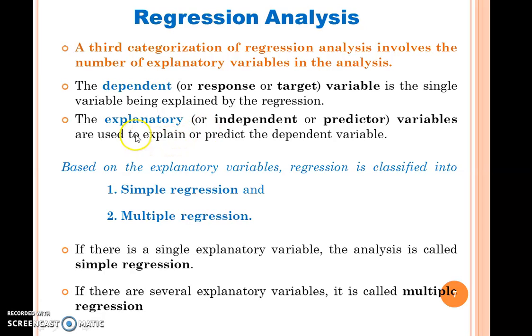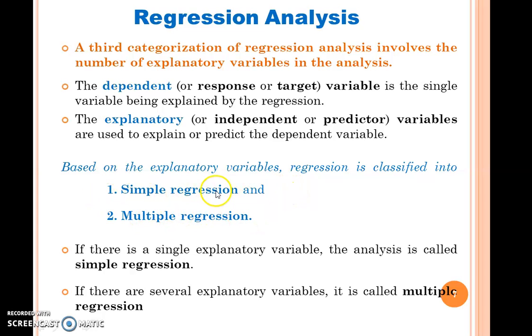Explanatory variables are used to explain or predict the dependent variable. These can also be called independent or predictor variables. Based on these explanatory variables, regression is classified into simple regression and multiple regression.